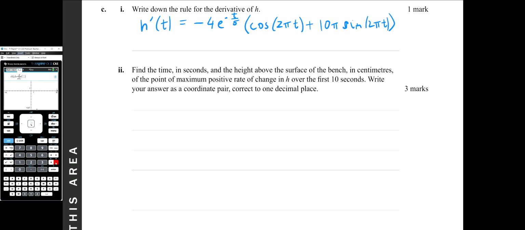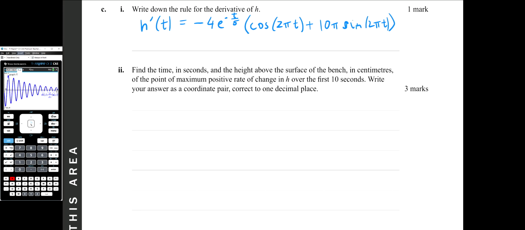So shift minus the derivative, and we'll put with respect to x of h(x), given that the graphs page only allows x as a variable. There we go. Okay, so we've got a lot going on over here. Let's change our window settings. Menu 4.1. We only want it between 0 and 10, and then let's do zoom fit. Menu 4A for zoom fit. There we go.